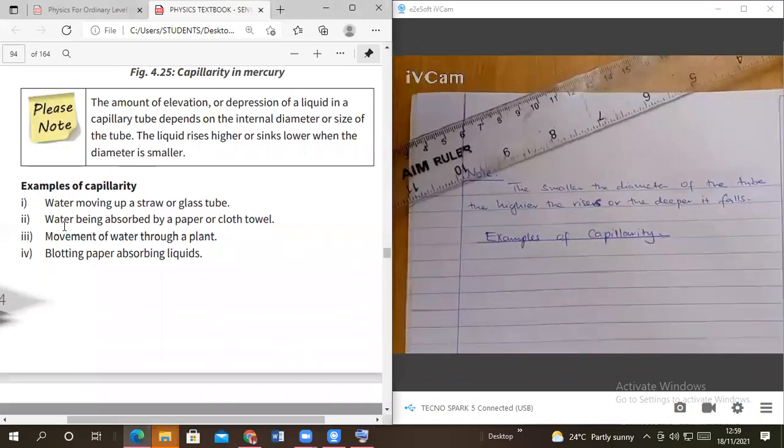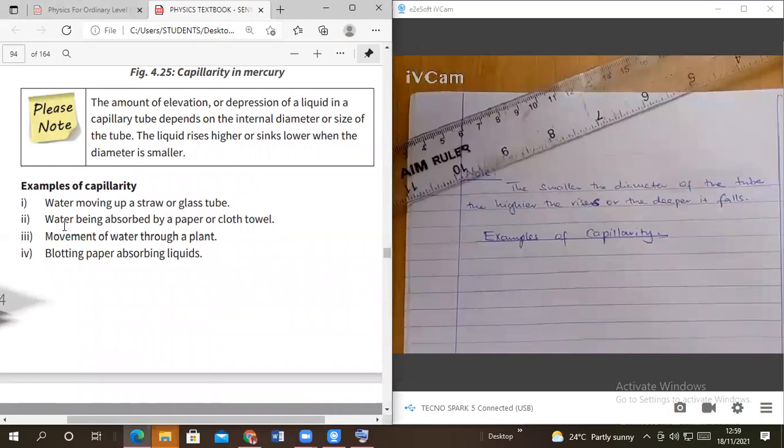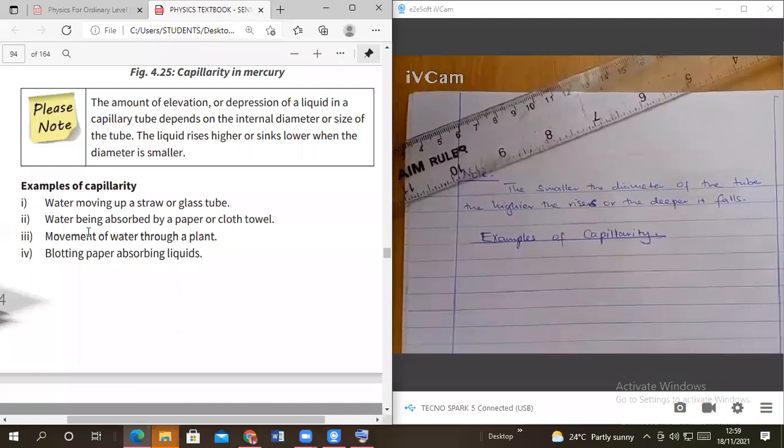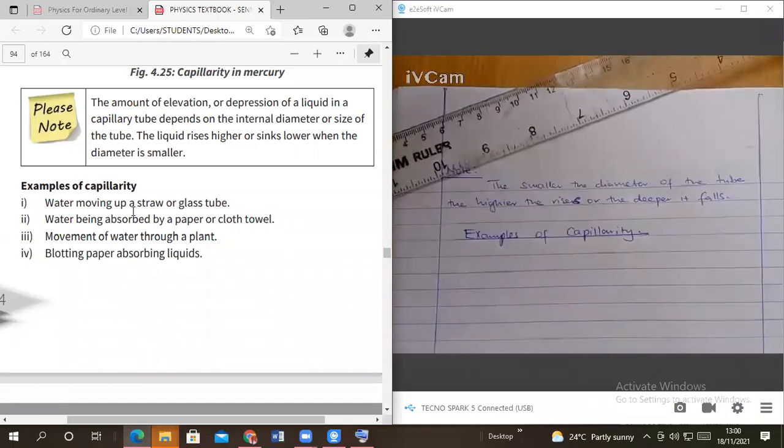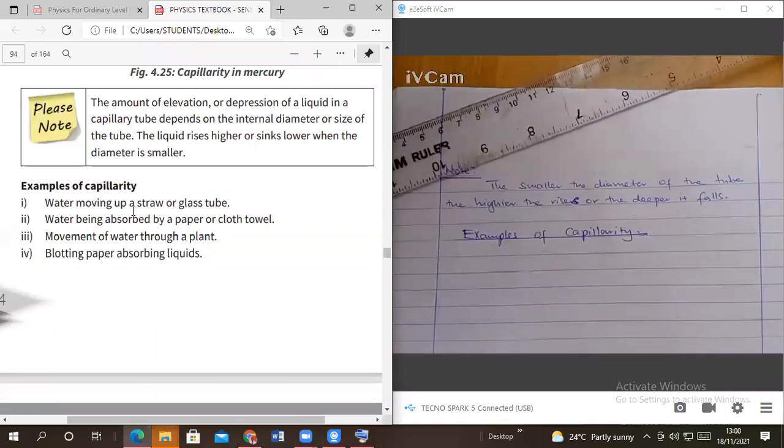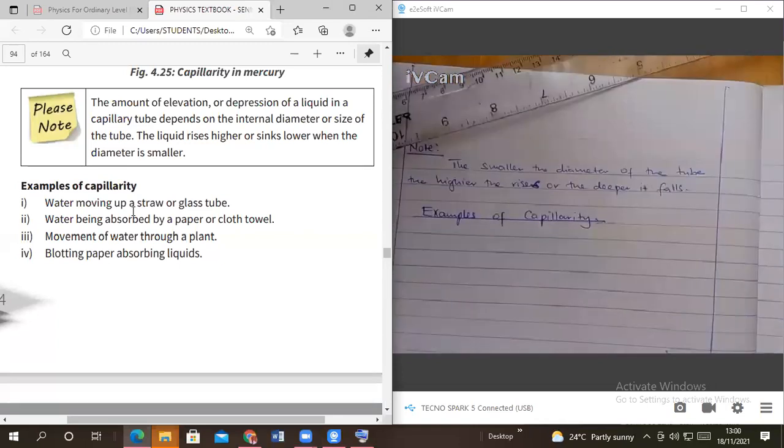Are you seeing them? Water moving up in a straw. When you just put a straw in water, not sucking it, you see water rising in the straw. I wish I had a straw here. I would have demonstrated for you.